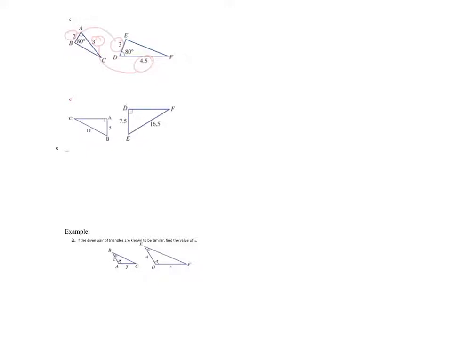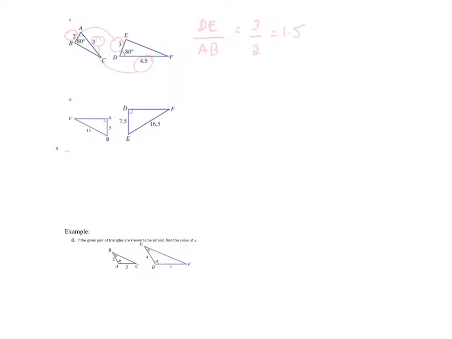So remember, it is the bigger triangle divided by the smaller. So let's do that. We've got DE, which is the bigger triangle, divided by the corresponding side on the smaller one, which is AB. What does that give us? Well, that's 3 over 2, which is 1.5.